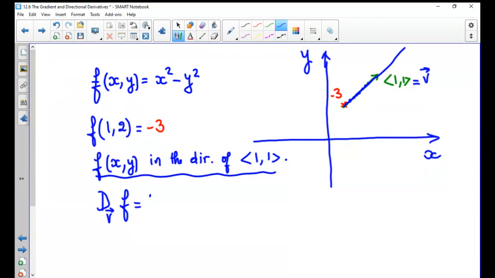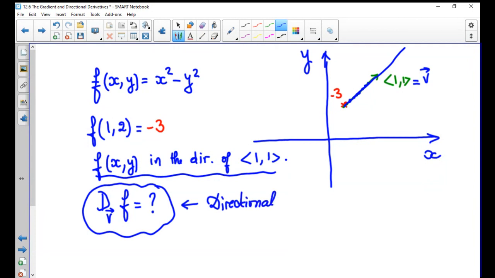So I want to know, what is this derivative? If this derivative, for example, is positive, that means our function is increasing in the direction of the vector v. If the derivative is negative, then it will be decreasing, and so on. This is what we basically call the directional derivative. It's a derivative in a certain direction, directional derivative.